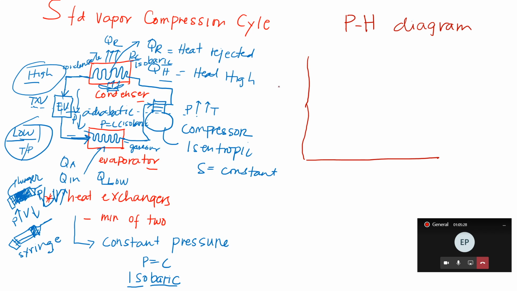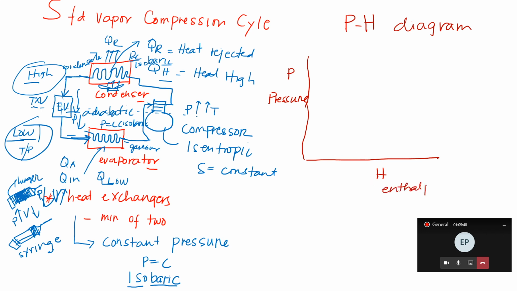So we can see two lines. Let us call this P and H. P stands for pressure, and H is enthalpy.